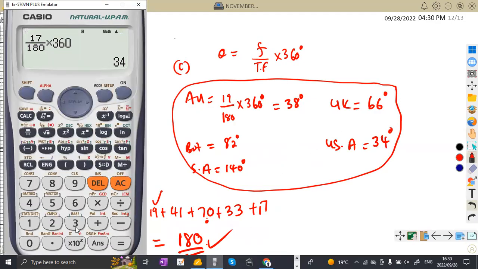So you can just confirm 38 plus 82 plus 140 plus 66 plus 24. We are going to get not 360. Oh, this is 34, not 24 here, 34. Yeah, it's going to give us 360. All right, so everything gives us 360 degrees.